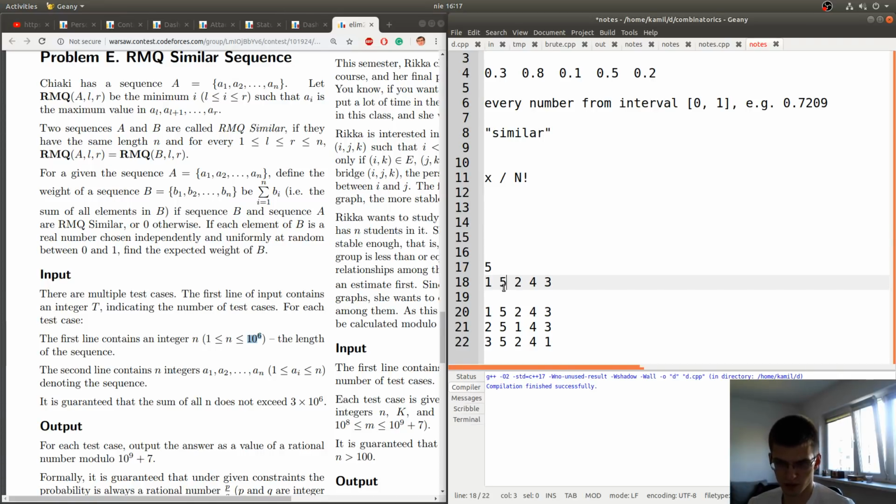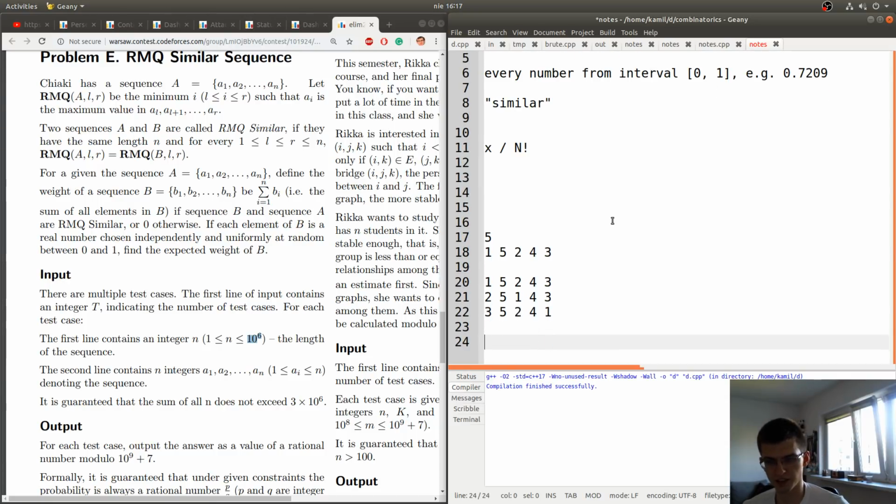We have a 5 here, the biggest value in the whole sequence. This 5 means that we can't distinguish in any way the values of these numbers and the value of this number. So I was wrong when I said that the answer is 6, because from this we also know that, for example, this is a valid permutation.